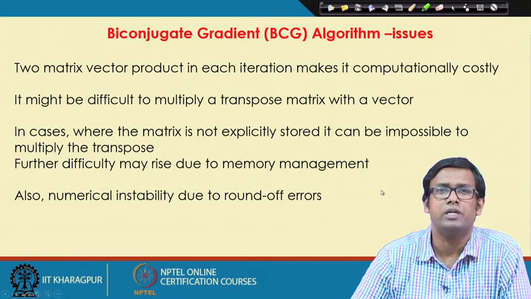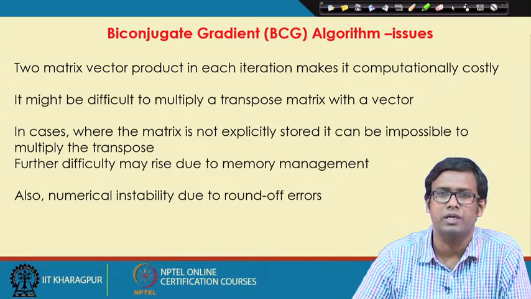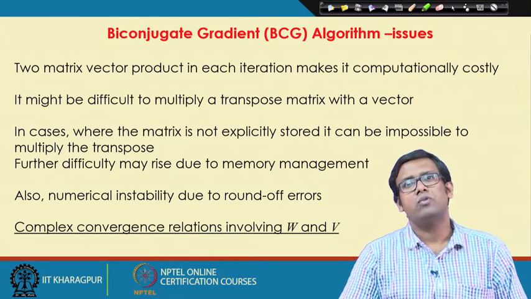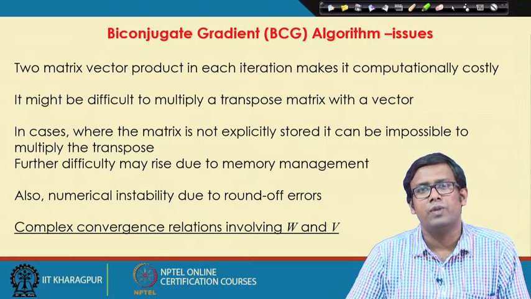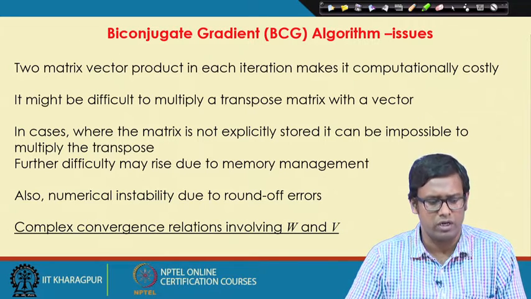Also, numerical instability due to accrued round-off errors can kill the final algorithm. And furthermore, there is one issue, which is complex convergence relations involving W and V, involving both the vectors, the Krylov subspaces, because it is not restricted to only one Krylov subspace.